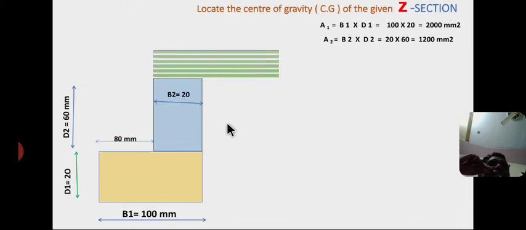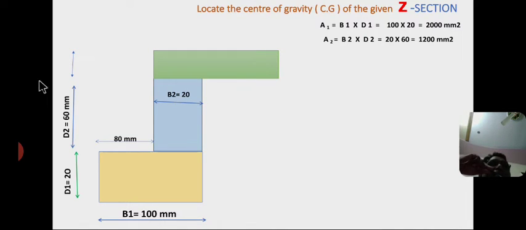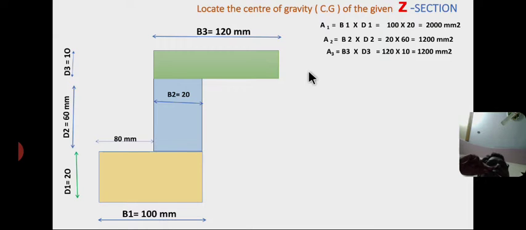Now A3 is the area of the third section. D3 equals 10 mm and B3 equals 120 mm, so A3 equals base 3 into D3 equals 120 into 10 equals 1200 mm square. Now I am taking the reference axes, x-axis, y-axis and origin.